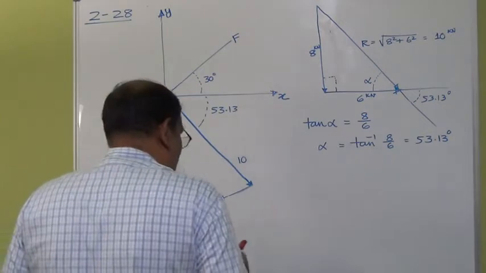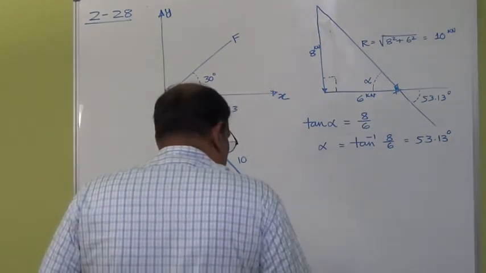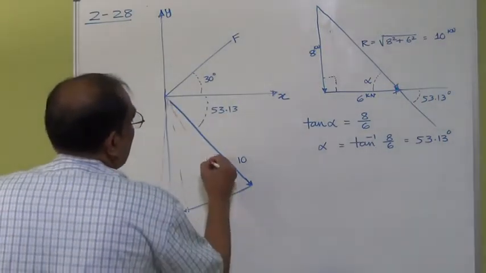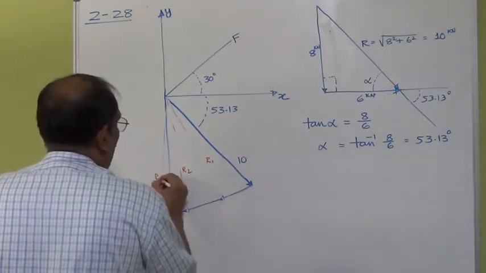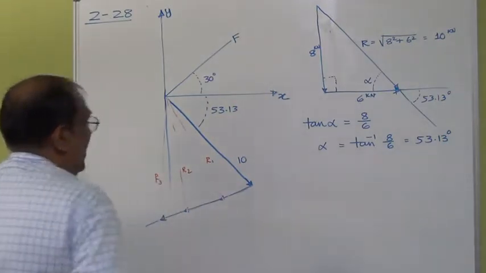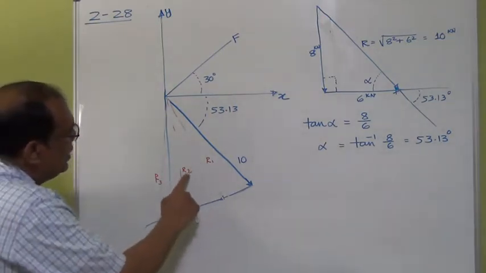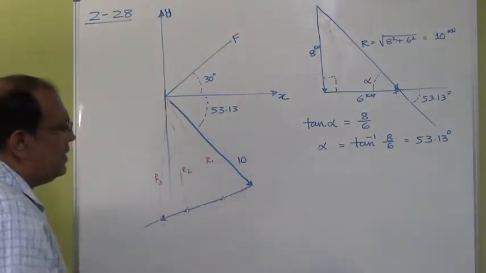So let's say for this one, this is your R1, this is R2 and R3, and I'm trying to see which one would be minimum. So if you see R1, R2 and R3, these are the distances from here to this line.